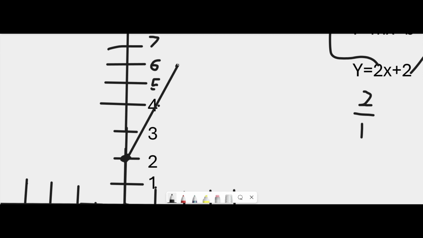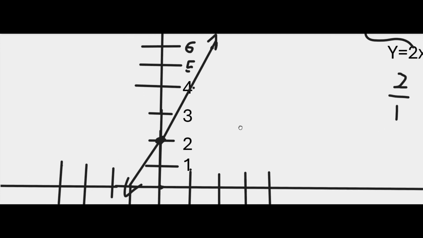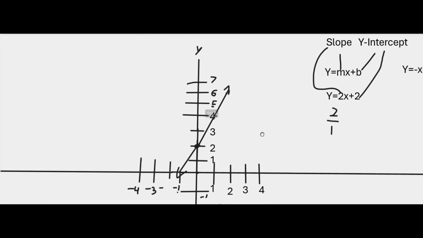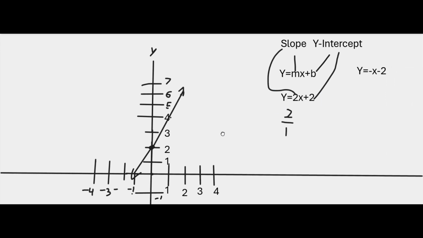I'd say 3 to 5 points is good, and then you can just make a little arrow saying, hey, it's going to keep going this way. And you can go down if you want, and it's going to go this way too. So that is the first one here.